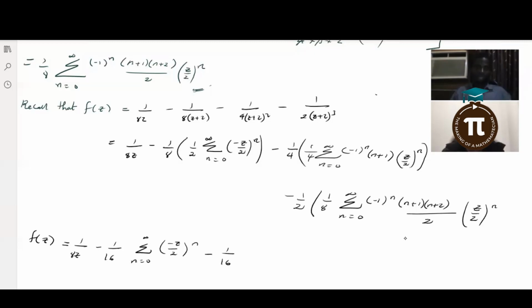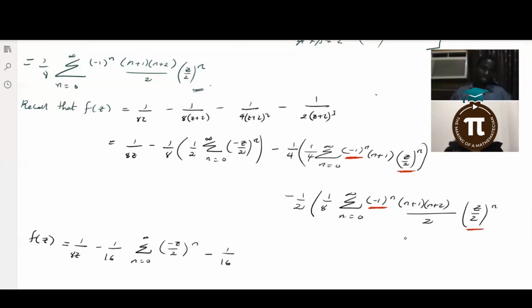Now, basically, if you look at this, minus 1 raised to power n and z over 2 raised to power n have the same power. I will still use the same thing for this case as well.